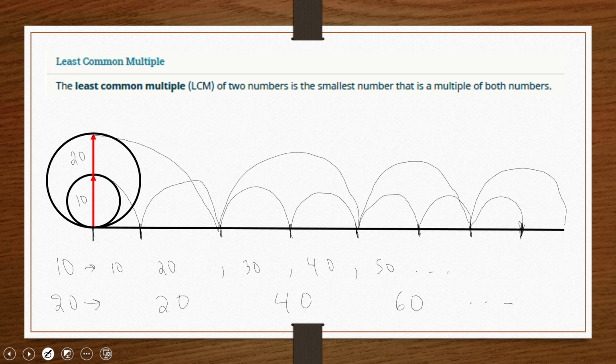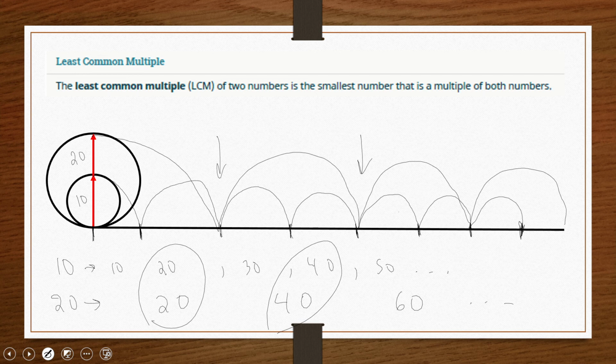So what do they have most in common, or at least in common? Well, 20. They both start to coincide at the 20 mark. And again here at 40. So you notice this pattern of repetition as the wheels continue to roll.